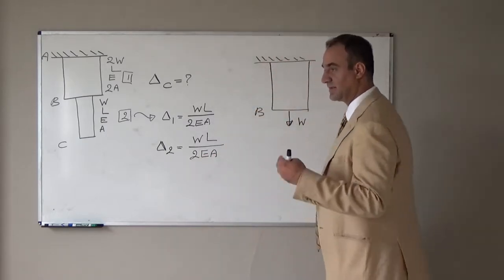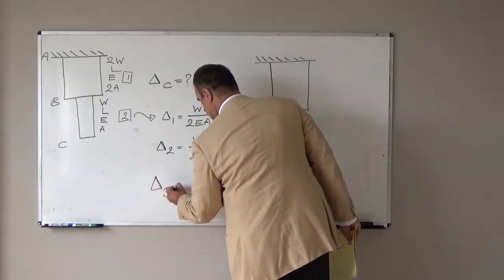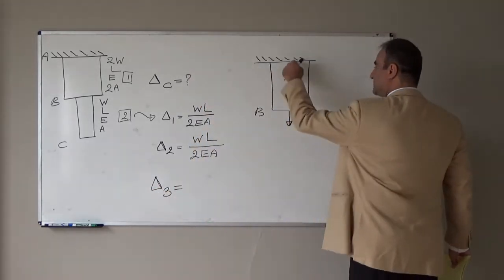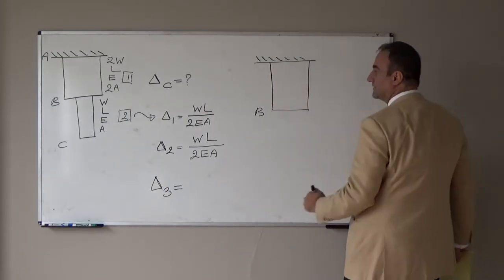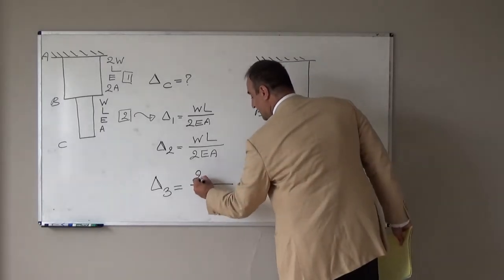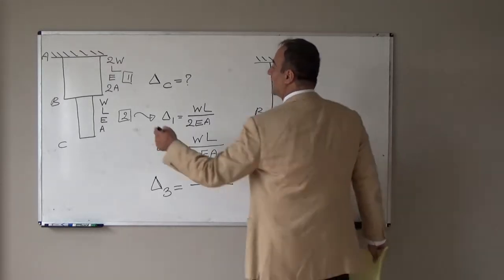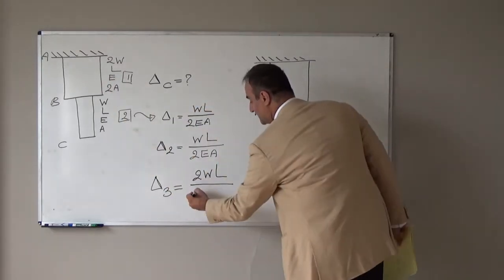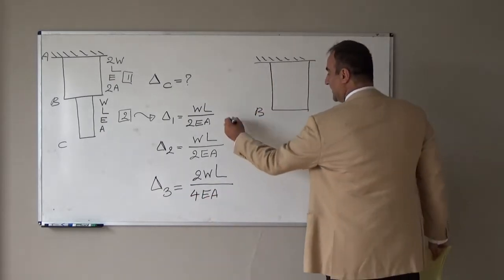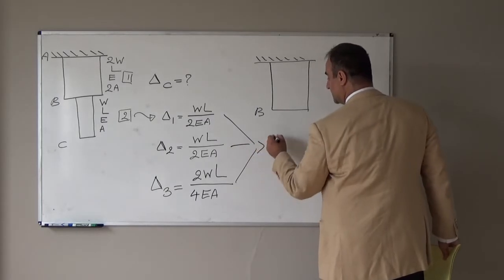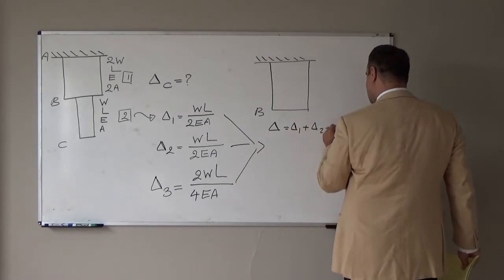That is another component. The last component, delta 3, is the deformation of this part, the top part, under its own self-weight. Self-weight for that part is 2W times length divided by 2 times E2A, so it will be WL over 4EA... If we add these together, delta will be delta 1 plus delta 2 plus delta 3.